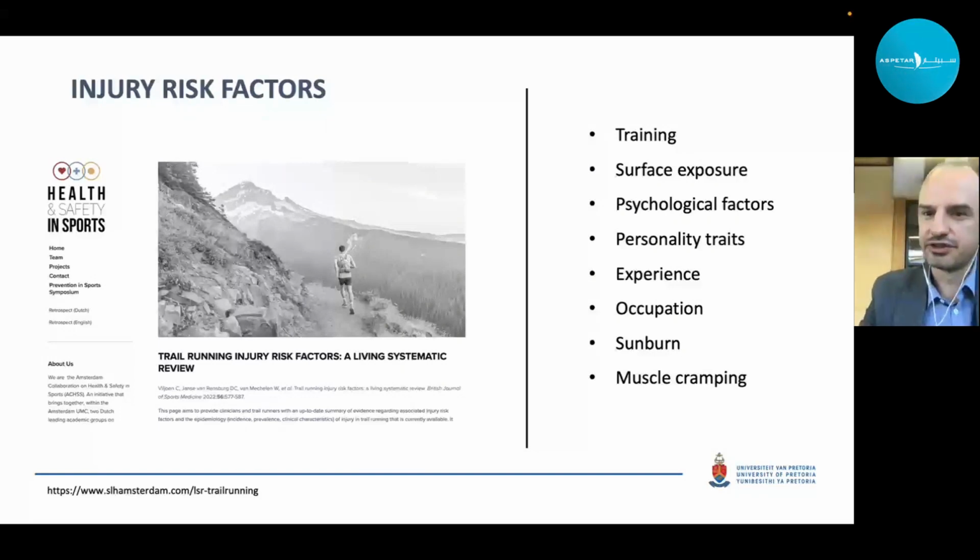There are some surface exposures that show certain surfaces are at higher risk. Some psychological factors and personality traits of these runners look like they put them at higher risk. Their running experience, their type of occupation, and then there are some studies reporting specifically on sunburn risk and muscle cramping. As I said, I'm not going into too much detail because at this stage it's not going to help us much considering the low quality of evidence.